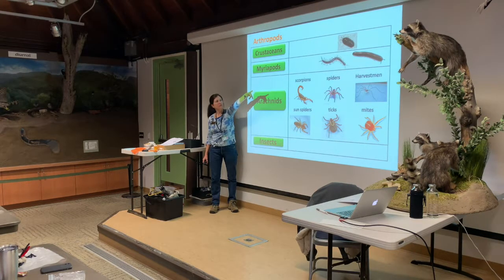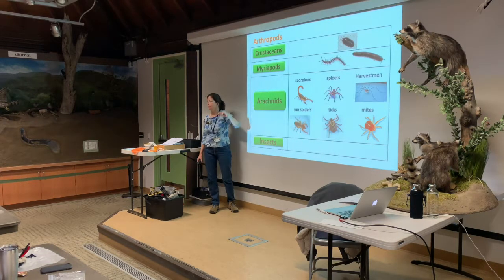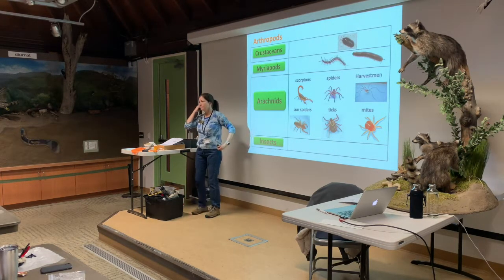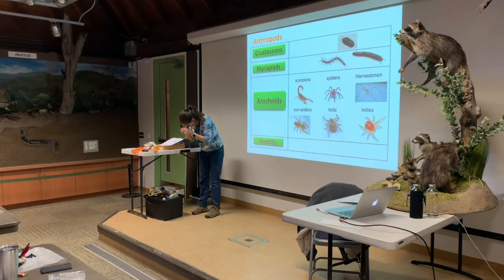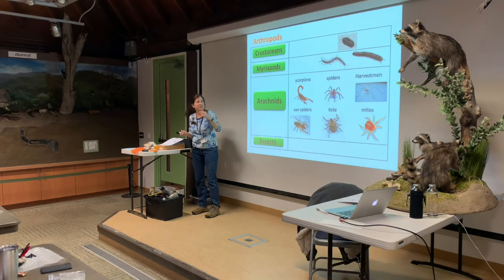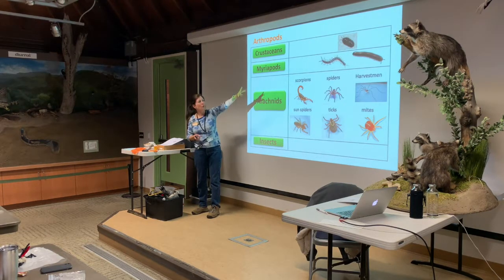How can you tell the difference between the centipede and the millipede? The millipede has 2 legs per segment, but you'd have to get pretty close, like I said, a lot of things are done under a dissecting microscope. The centipede has 1 per segment, and usually the spacing gives you a clue there.